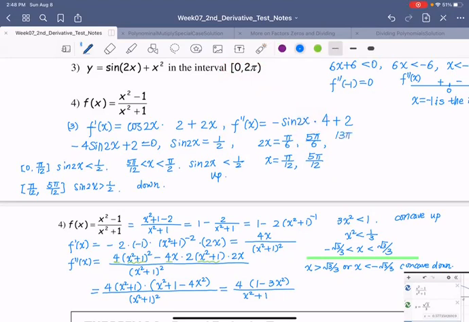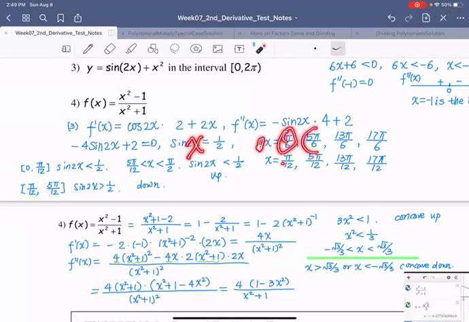Make sense? This guy plus 2 pi, which is 12 pi over 6, equals 17 pi over 6. And then divided by 2. If I don't have a 2x, if I just have an x, then x equals pi over 6, 5 pi over 6.